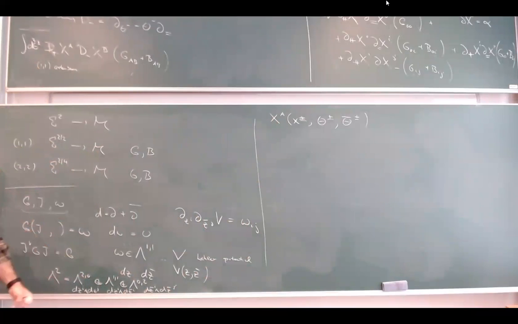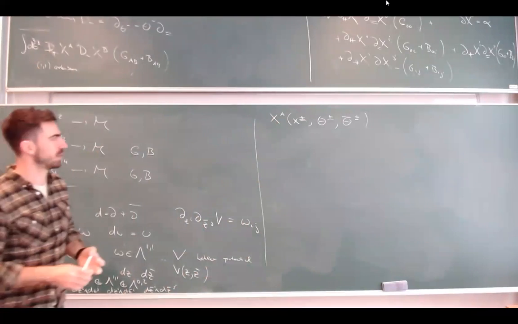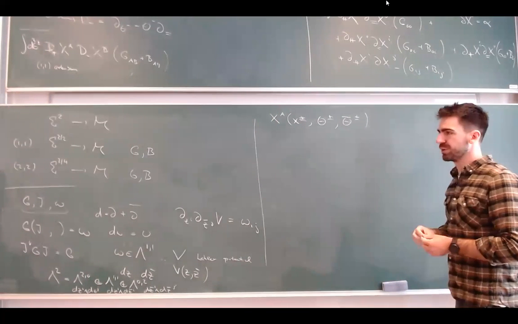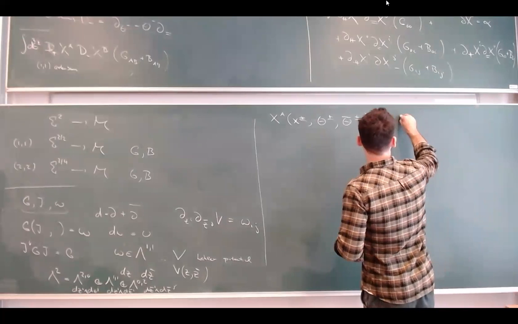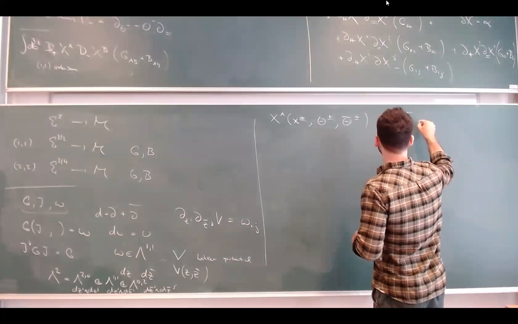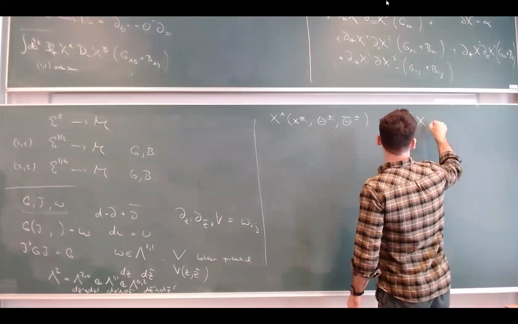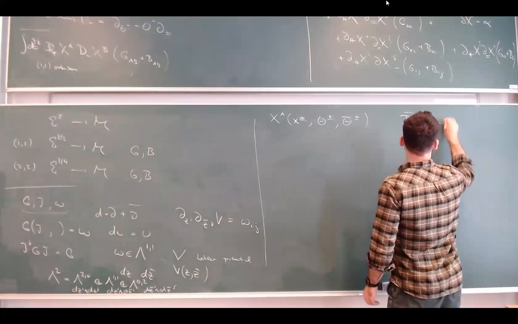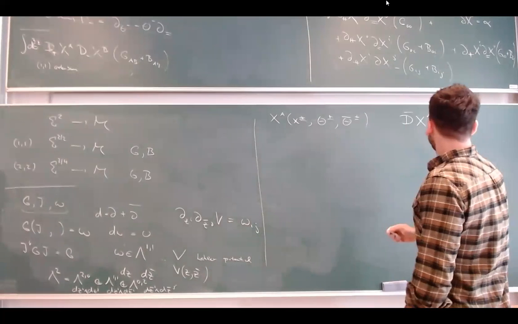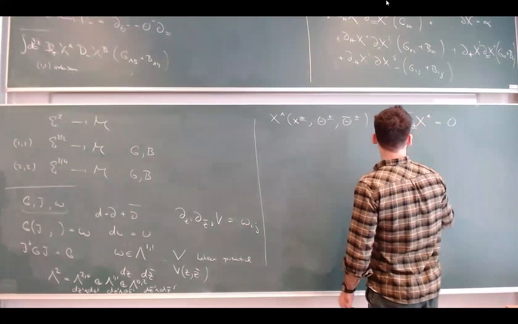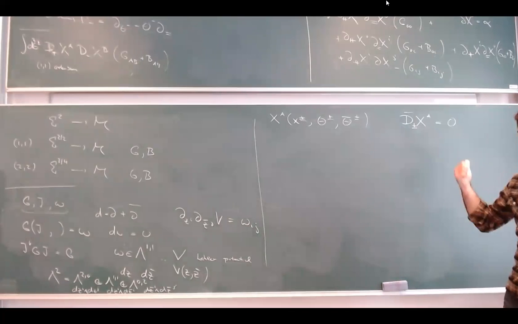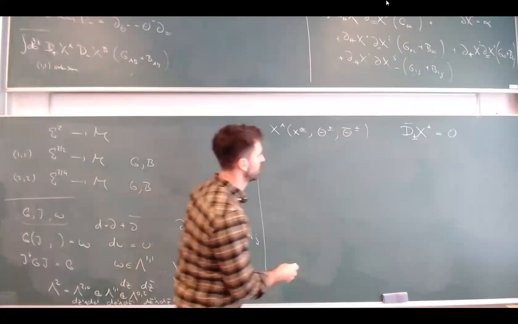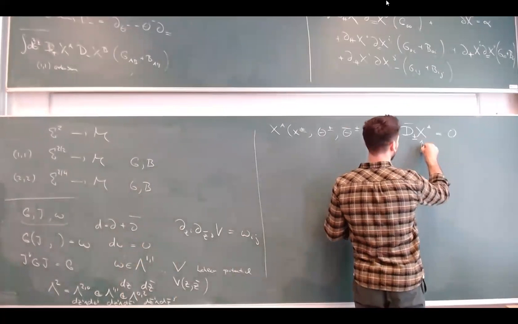So that's a lot of components, and for that reason, I need to cut it down by some constraints, and those constraints are called chiral constraints. So I will require that D bar kills my X like that. These are the fields that we call chiral superfields.